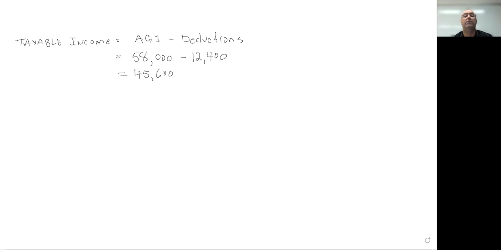All right, so let's go back and finish our calculation now. So her taxes, let's do her tax computation first. The first thing you need to do is to figure out how much she had over $40,125. So we take her taxable income and subtract $40,125.